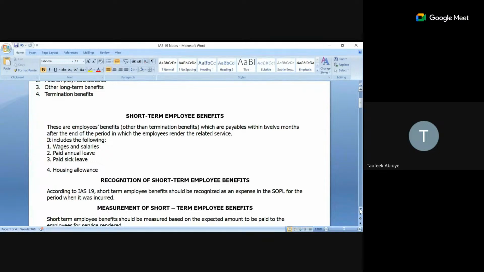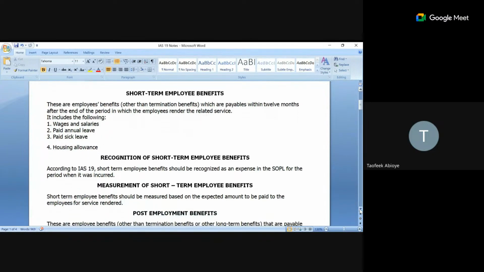Also, measurement of short-term employee benefits: these are benefits that should be measured based on the amount that is expected to be paid to the employee for service rendered. So that is all about that.